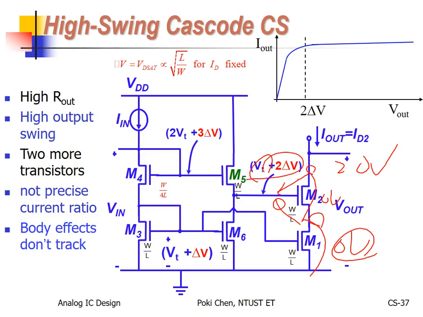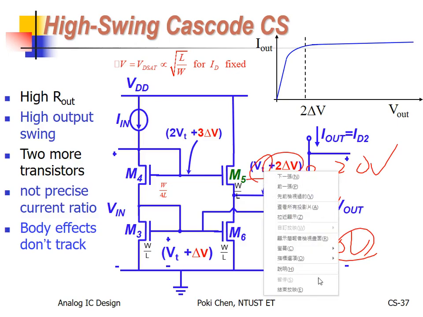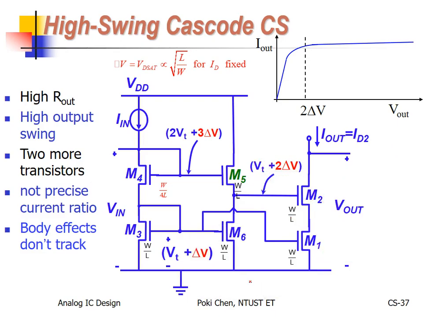But the problem is, how to make the proper bias voltage for M1 and M2. For M1, piece of cake, because from here to there, congratulations, 1 VT, 1 delta V. That's it.